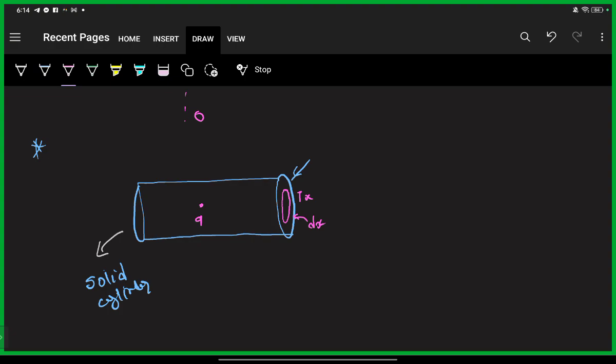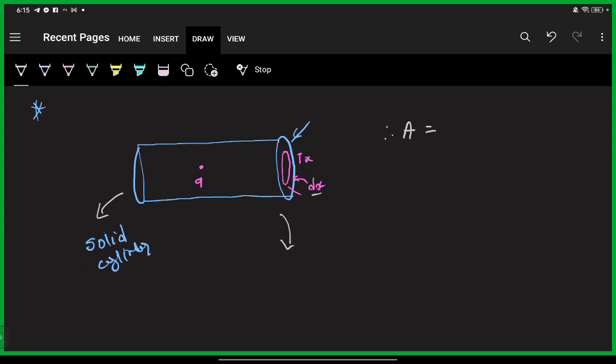But this one is having dx thickness, so it is basically a disk, but it is basically a ring, having thickness dx and radius x. So when it comes to its area, always write the area of this ring.